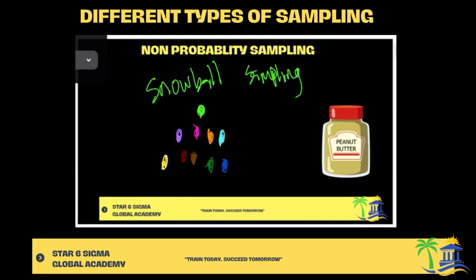This is basically where we call it a snowball effect. I've got little arrows here. This is basically saying where you're looking at this data, and it's kind of having a snowball effect.